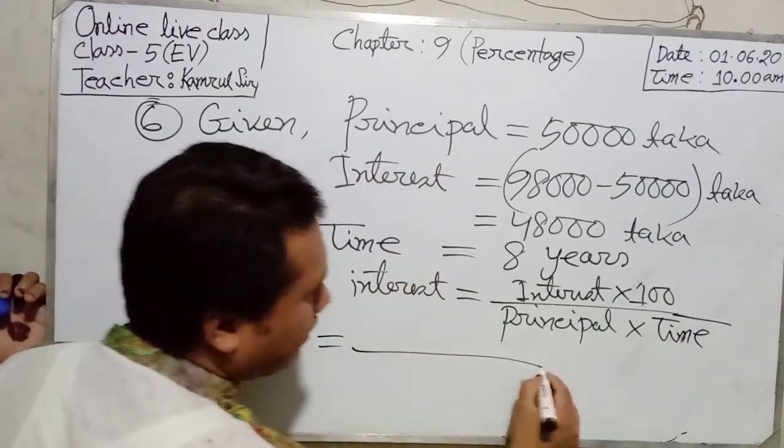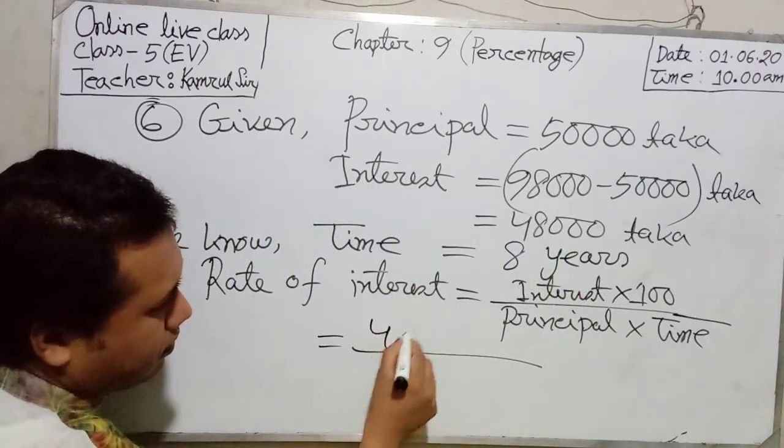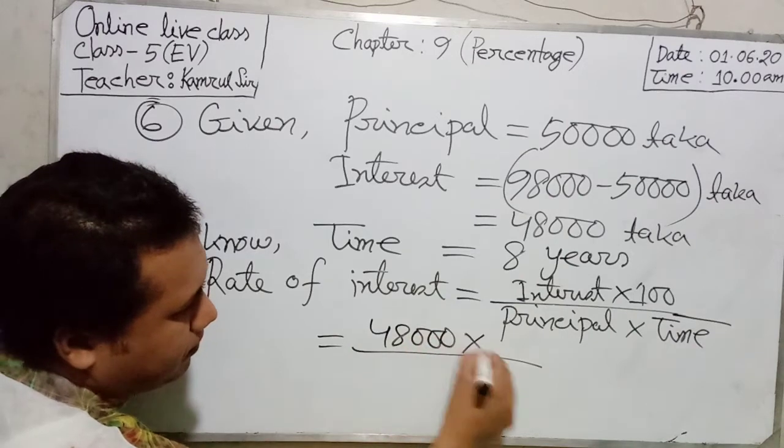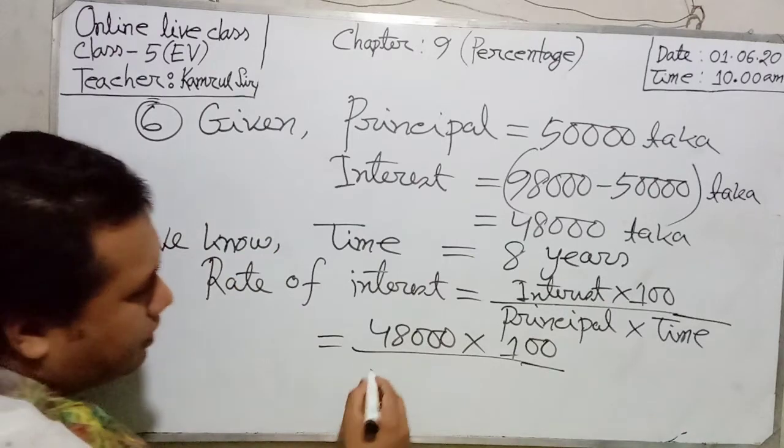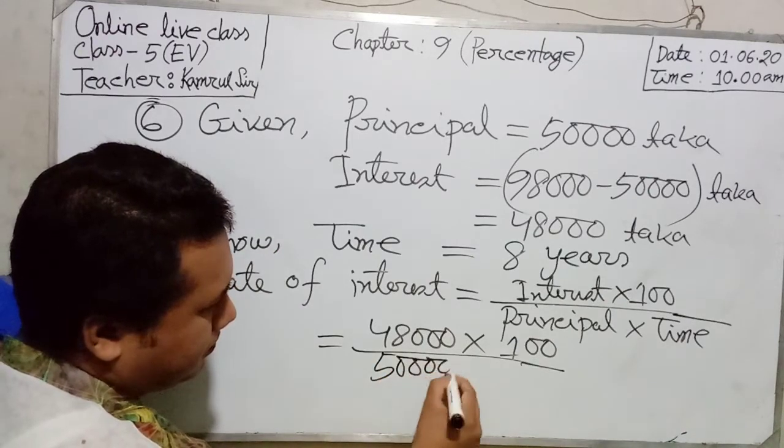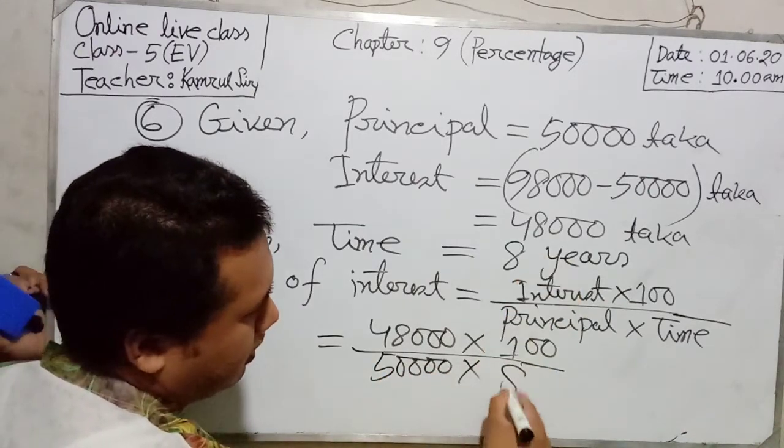Now if we input the values: interest 48,000 into 100, principal 50,000 and time 8.